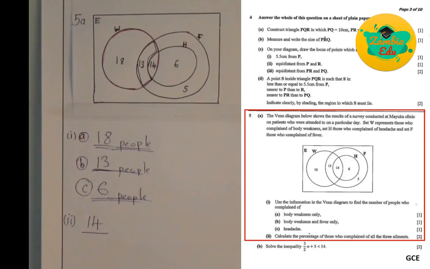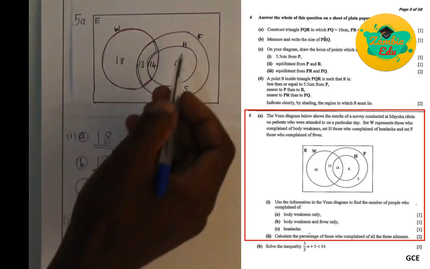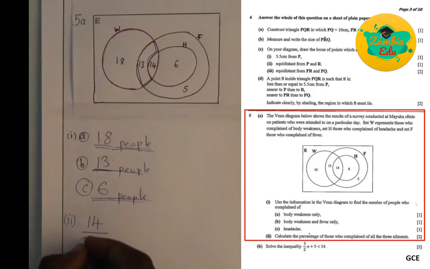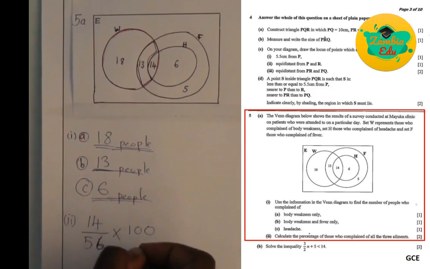So for you to get the total number of people who were attended to on that particular day, you add all these values that you have in all the 3 sets. So you have 18 plus 13 plus 14 plus 6 plus 5, and you get your answer being 56. So you have the fraction 14 over 56 and you multiply it with the 100.